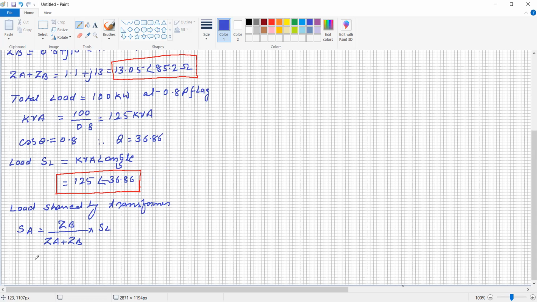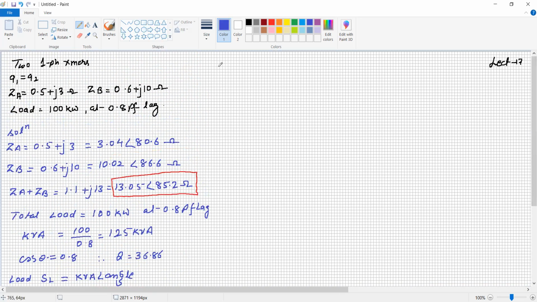Putting in these values, ZB, already calculated, is 10.02 at an angle of 86.6 degrees, divided by ZA plus ZB, which is 13.05 at an angle of 85.2 degrees, multiplied by 125 at an angle of minus 36.86.